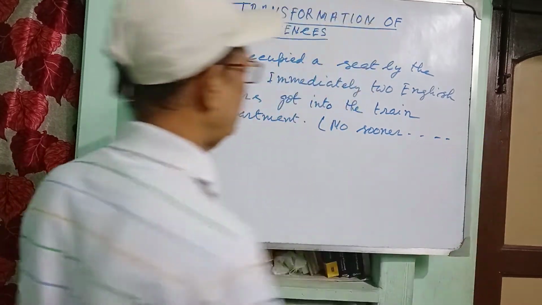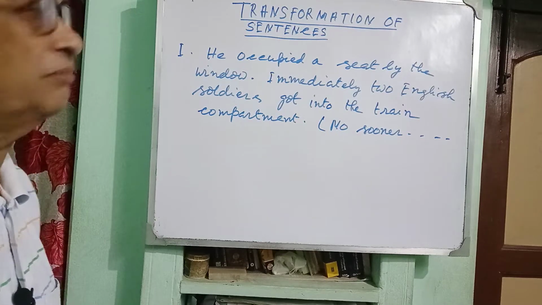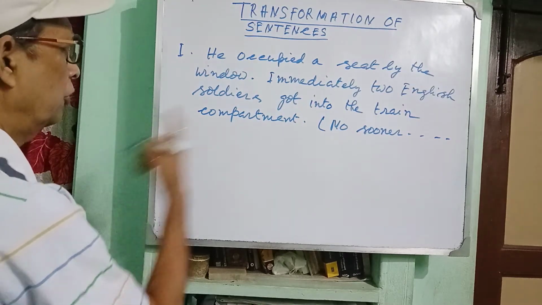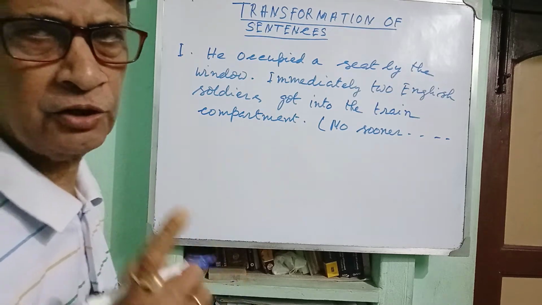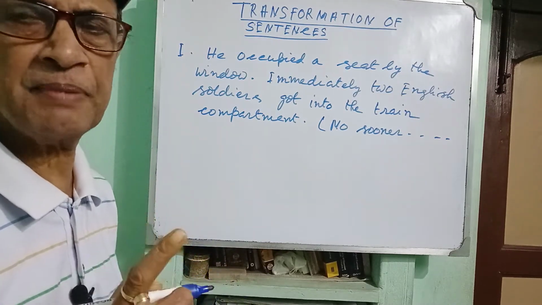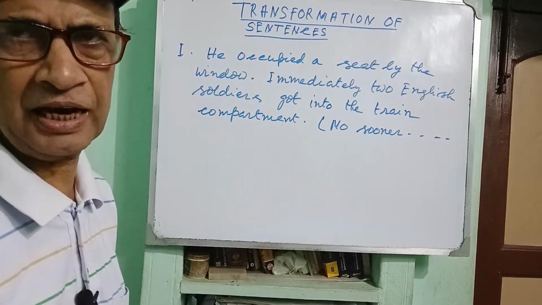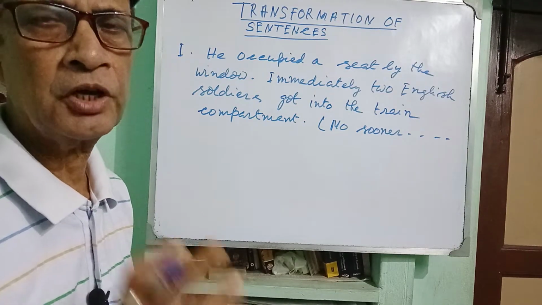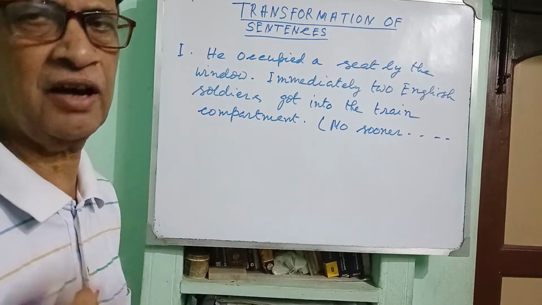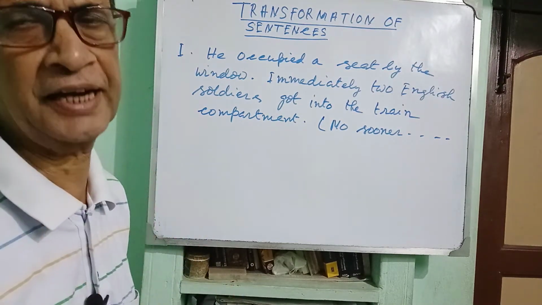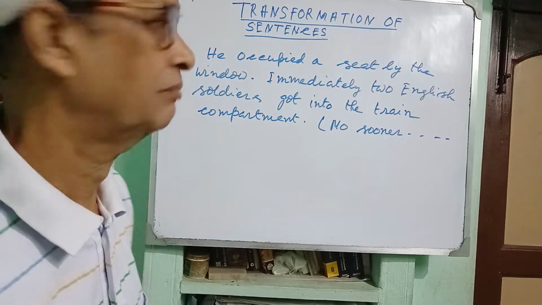What should be the construction? No sooner had he occupied. Remember that no sooner is a negative adverbial, and when there is a negative adverbial, you must use the auxiliary verb just after the negative adverbial, and there is no exception.